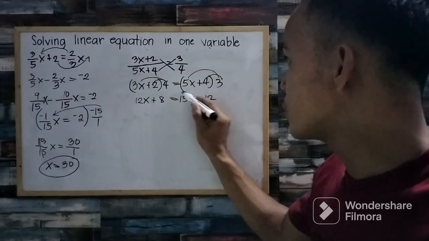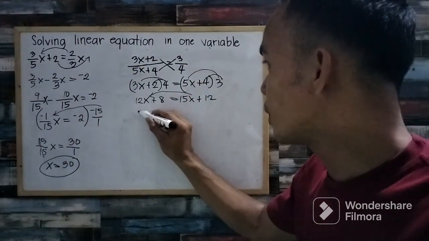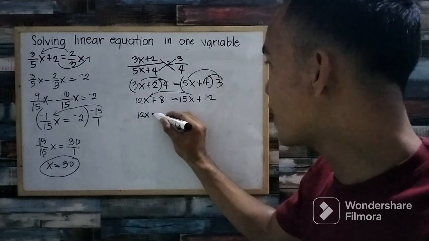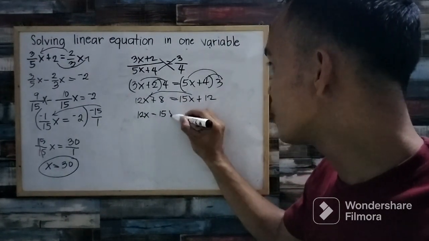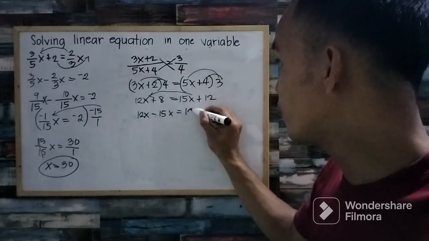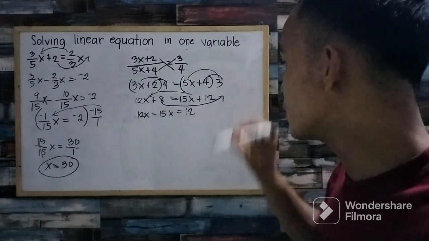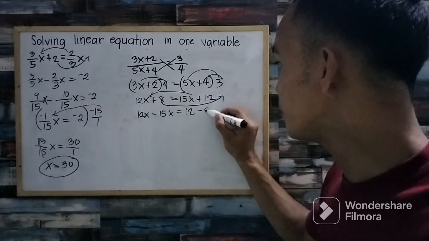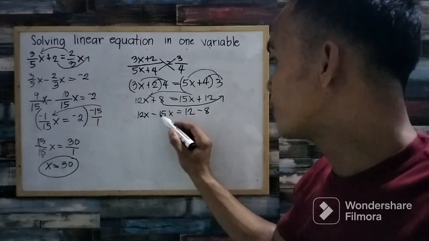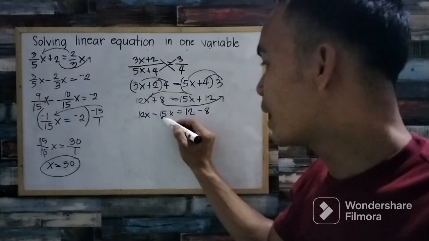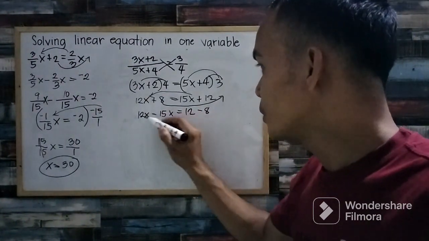Now let's transpose this to the other side. So that becomes 12x minus 15x is equal to 12. Transpose 8 to the other side, that becomes minus 8. Alright, and of course we have to combine them, the same terms.